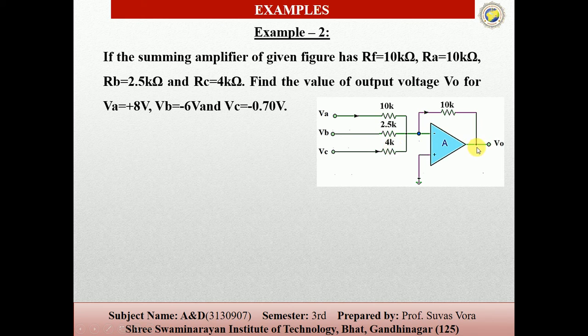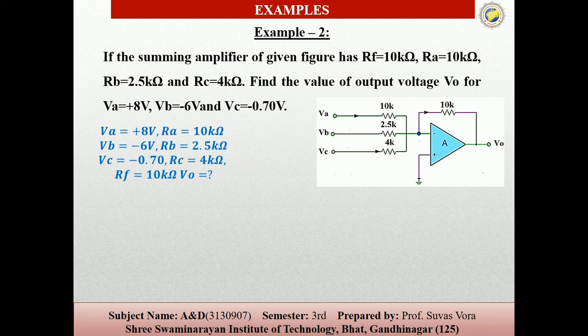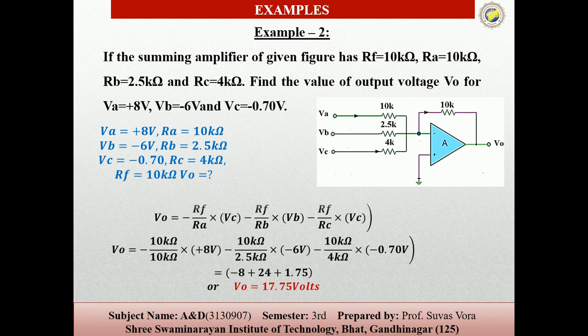Find the value of the output voltage for VA equal to 8 volts, VB equal to minus 6 volts, and VC equal to minus 0.7 volts. So these are the given data. VA, RA, VB, RB, VC and RC, RF are given. So we can find the value of V0.